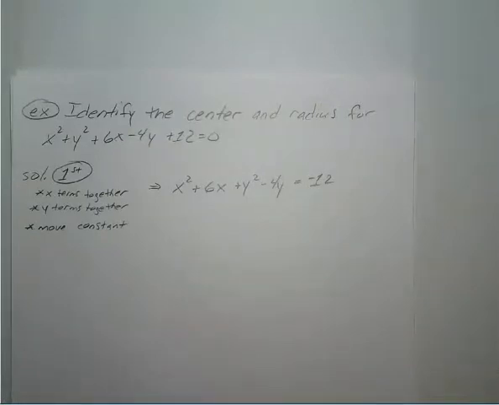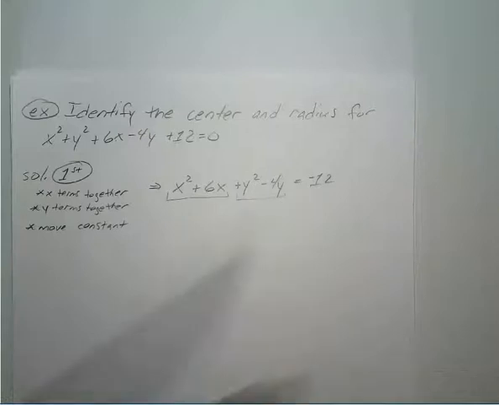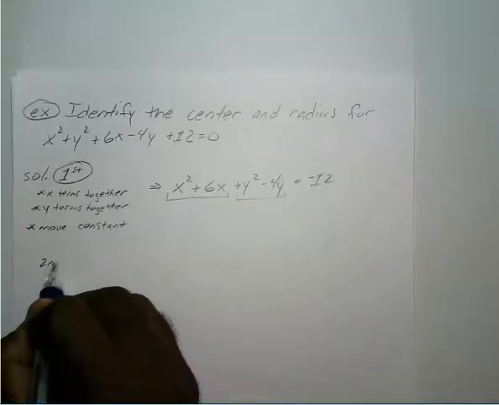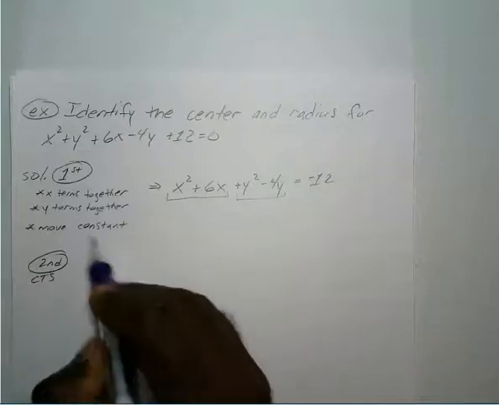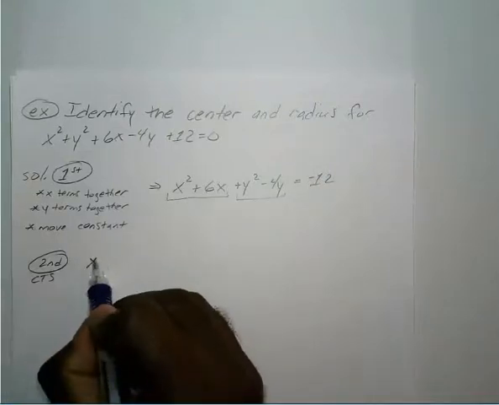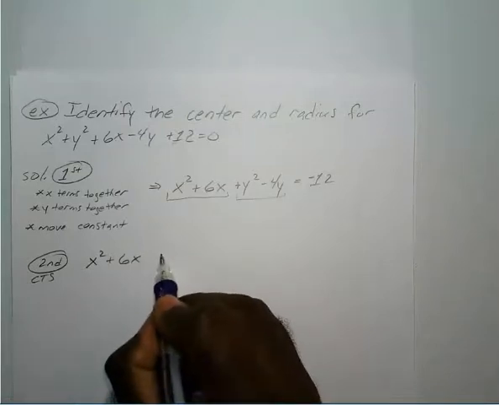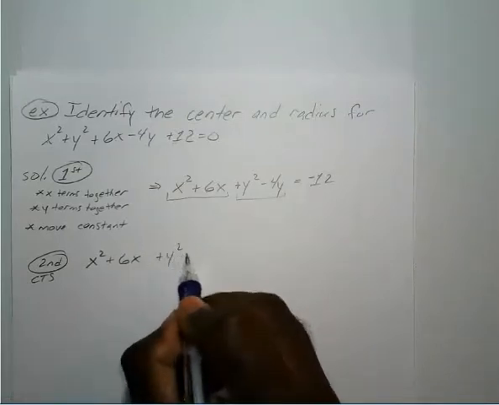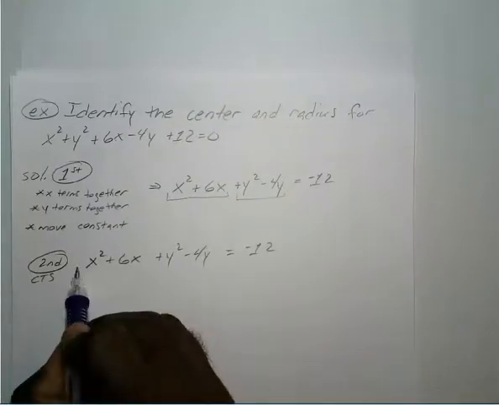Okay, so now for your second step, you're just going to complete the square for your x terms and your y terms. So I'm just going to go ahead and rewrite it. x squared plus 6x plus y squared minus 4y equals negative 12.